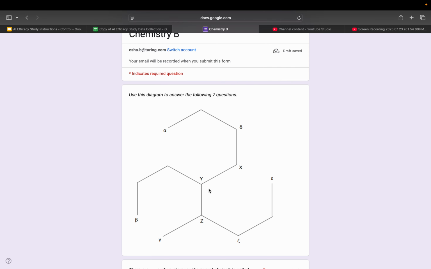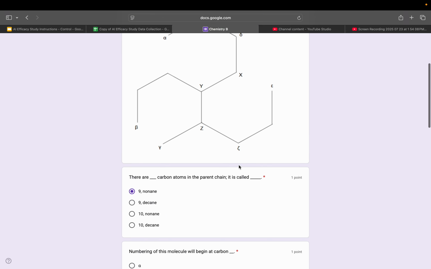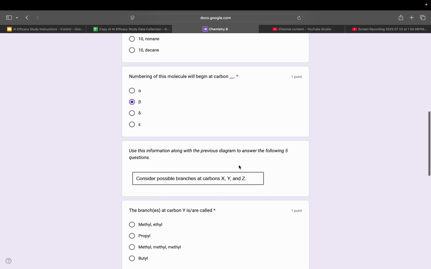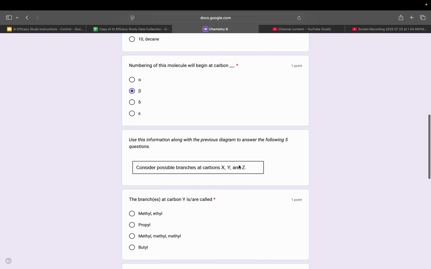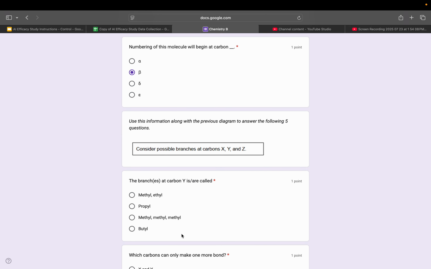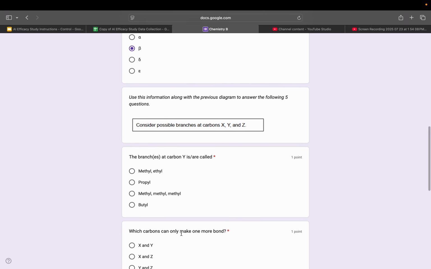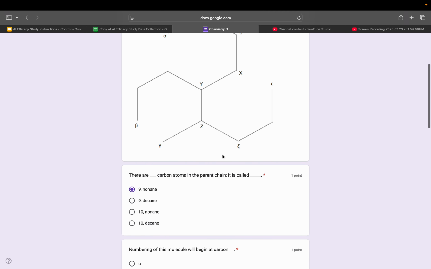So it will be methyl, CH3. Methyl is okay.